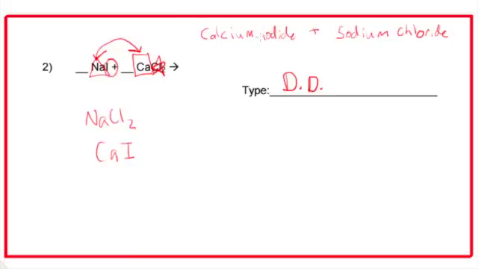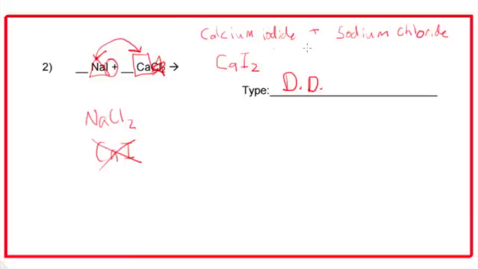Because I wrote the name, I'm going to actually figure out what the formulas are instead of just switching. So I'm going to say calcium, which has a 2 plus charge, and iodine, which has a 1 minus charge. Crisscrossing that means there's a 1 here and a 2 there. So I get Ca1I2, which is CaI2, not CaI. So they switch spots, but they still have to bond properly.